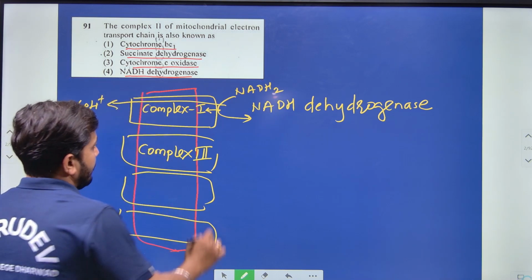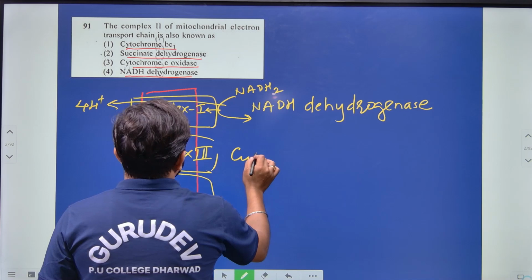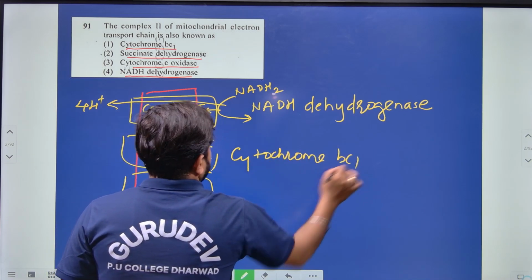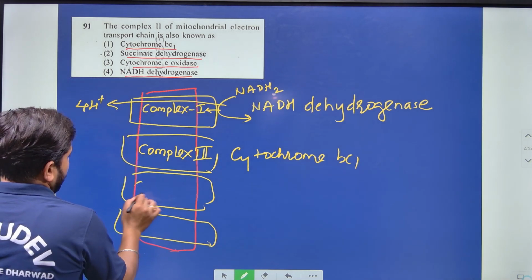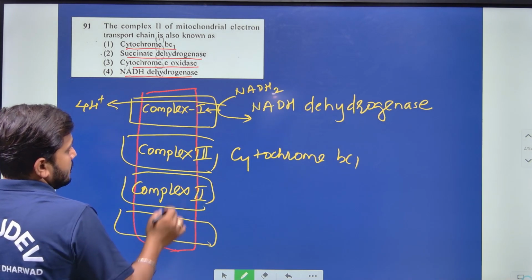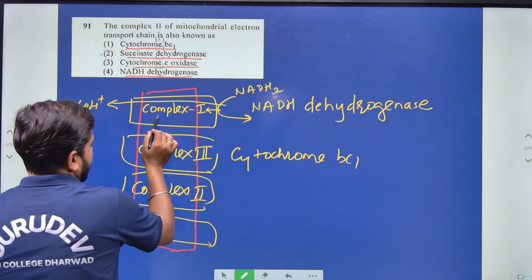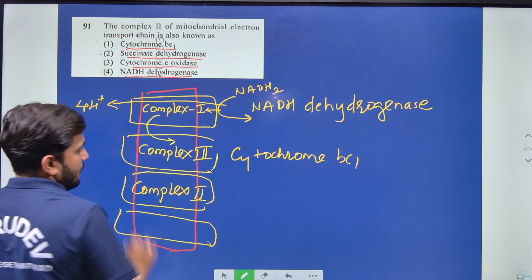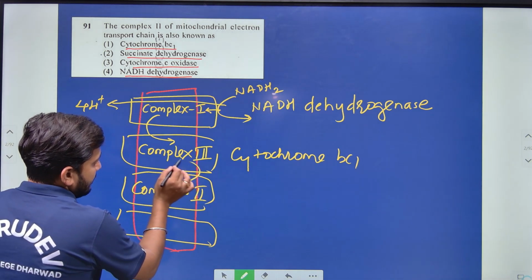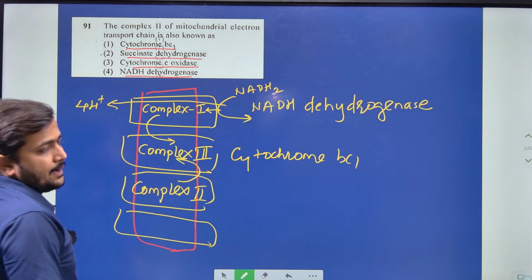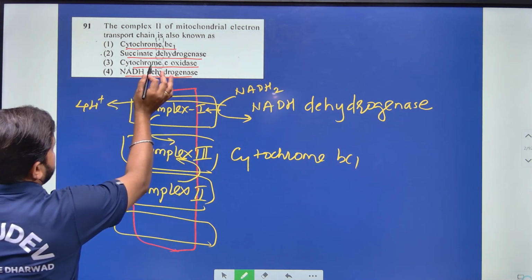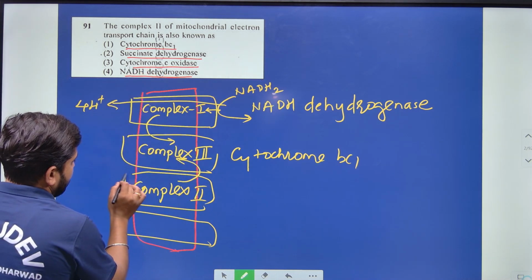From complex 1 whatever electrons are there will move towards complex 3, and from complex 2 whatever electrons are there will move towards complex 3 again. So there we'll find the presence of cytochrome BC1.